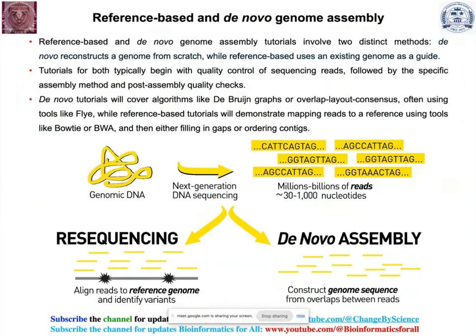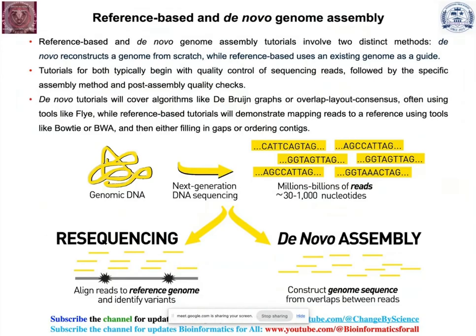Then it covers the algorithms which are mostly used, for example, de Bruijn graphs or overlap layout consensus, often using tools like Flye, while reference-based tutorials demonstrate mapping the reads to a known reference genome using tools like Bowtie2 or BWA, and then either filling in gaps or ordering contigs.